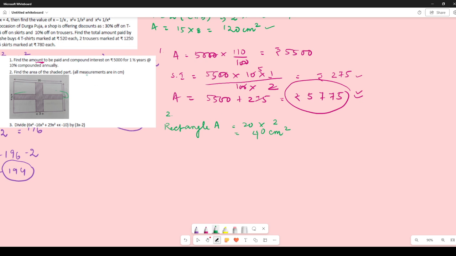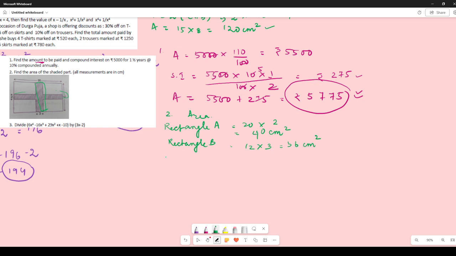Right. Now let us look at the other rectangle, which is this rectangle. So rectangle B, we are finding out the area, right? Area of rectangle B will be what? What is the length over there? 12 into 3, sorry. So this is 3 centimeters, right? 12 into 3, so that makes it 36 square centimeters.